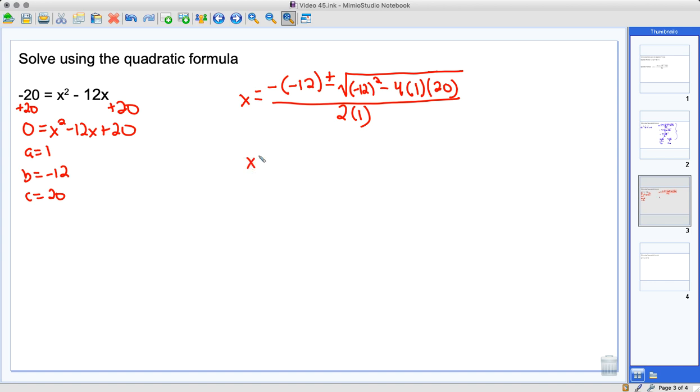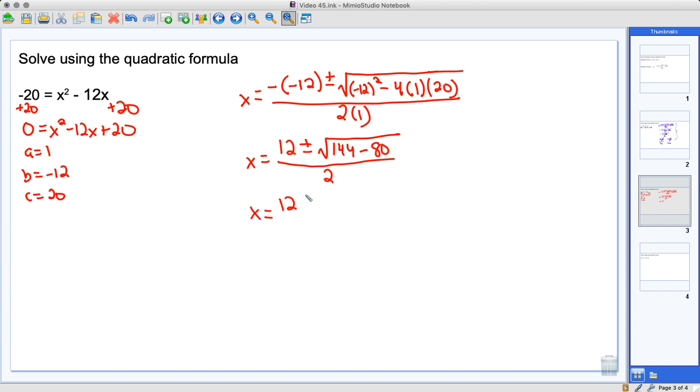So then we simplify. Two negatives make a positive. So you have 12 plus or minus the square root of, so negative 12 squared is 144, minus 4 times 1 times 20 is 80, all over 2.